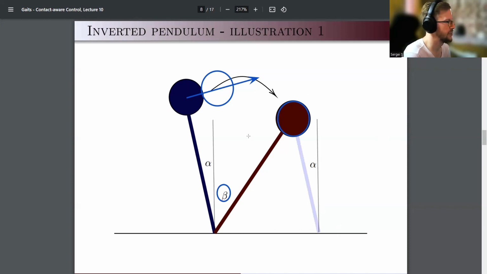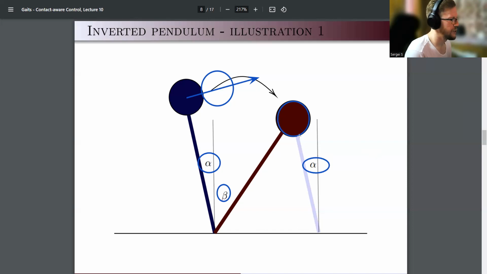So suppose this body arrived at this end position. Then we can say, okay, let us have this alpha angle again reserved here. So let's say the angle of attack of our foot, this angle of inclination of the foot, is the same as in the beginning.